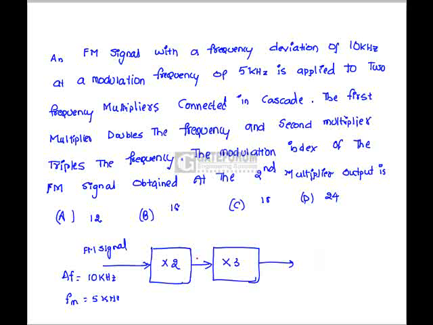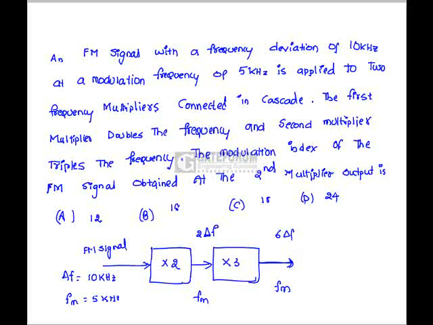So when we pass an FM signal through a multiplier, only the deviation gets affected. The modulation frequency is not going to be affected. 2 delta F, fm as it is. Here 6 delta F, fm as it is. We have to calculate the modulation index at the output of the second multiplier.